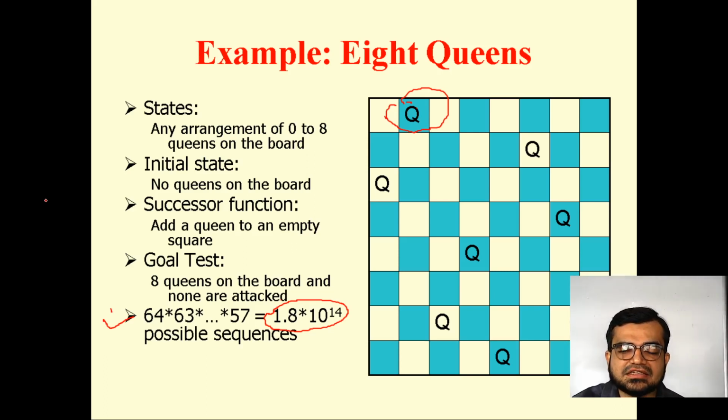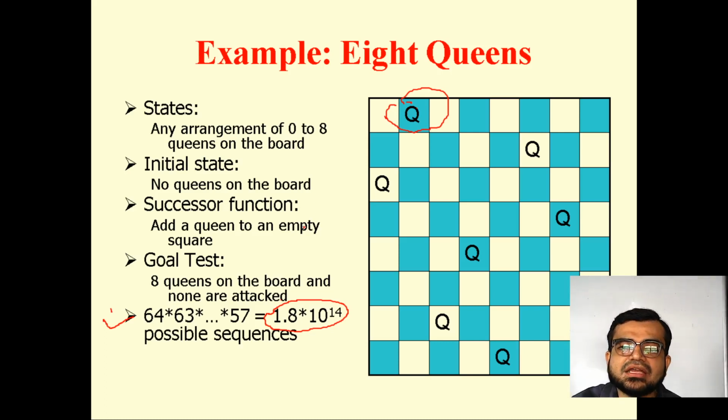So 63 are actually the possible space available, but in the 21 places you cannot take that second queen. So 63 is actually the maximum number of sequences.